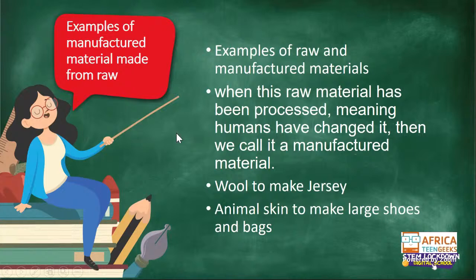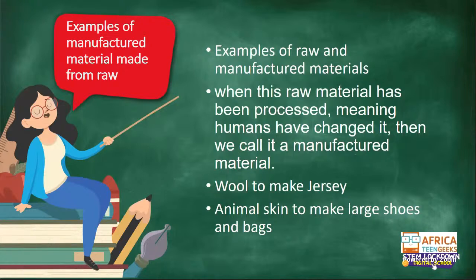And then when this raw material has been processed, meaning humans have now changed it, then we call it a manufactured material. And then wool can be used to make a jersey. So these are examples of a raw material and what type of manufactured product can be made from that raw material. And then animal skin.